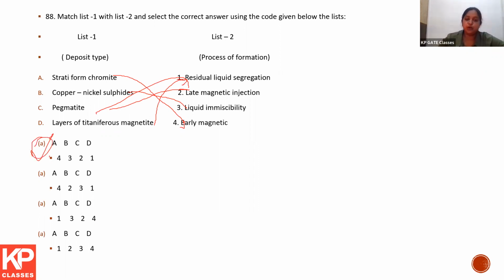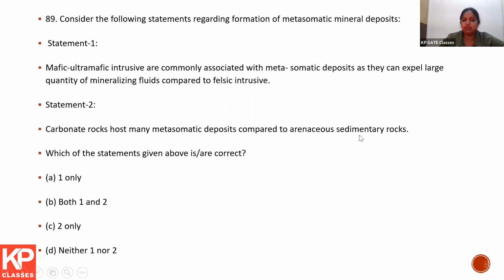Option A is the right statement. So, direct question. Next one, consider the following statements regarding metasomatic deposits.